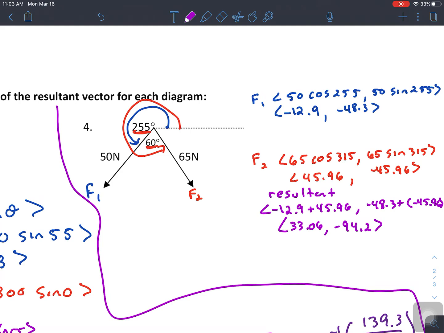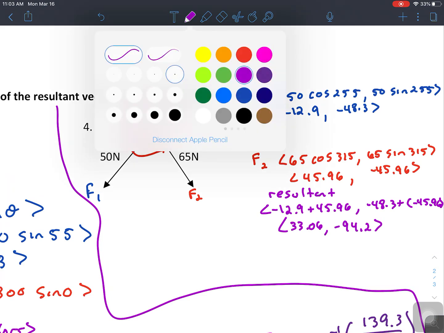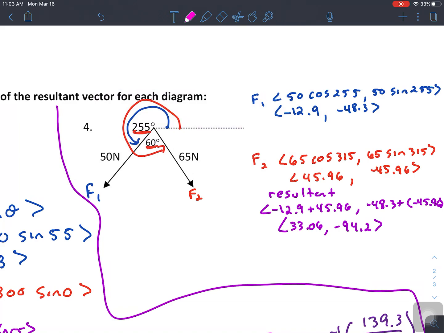Let's go ahead and go into the magnitude. So the magnitude for this, we're going to take those two items and plug them into the distance formula. That's going to give you 99.83 newtons.